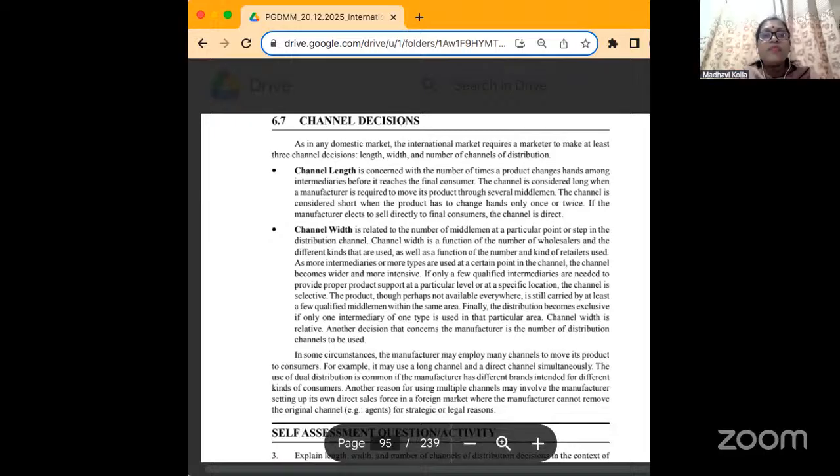What are they? First is the channel length. When you talk in terms of channel length, we are asking what the different levels or steps are, who the intermediaries involved are, and how many are involved, right from the manufacturer to the end user. The longer the channel, the higher the time lag, the higher the cost, the greater the complexity of documentation, and the more people involved.